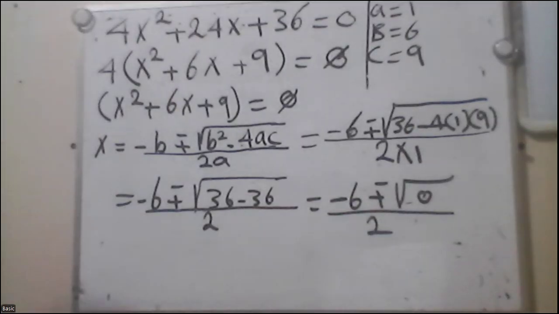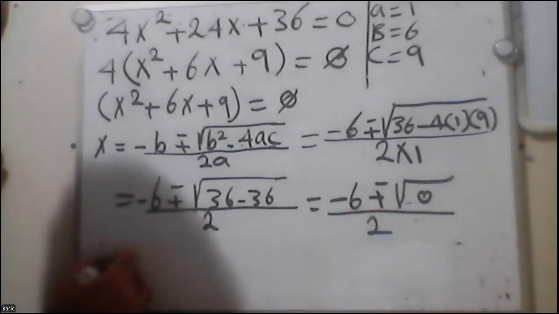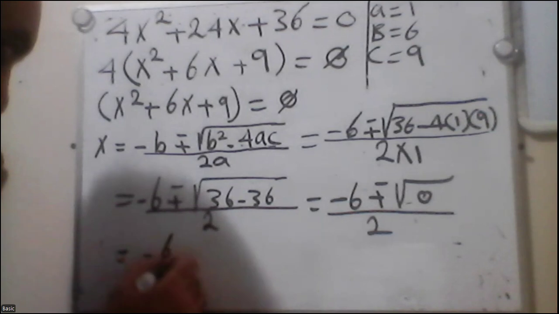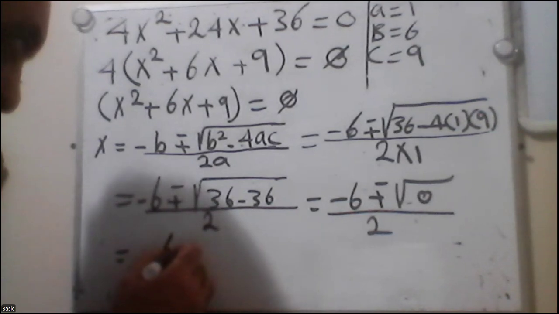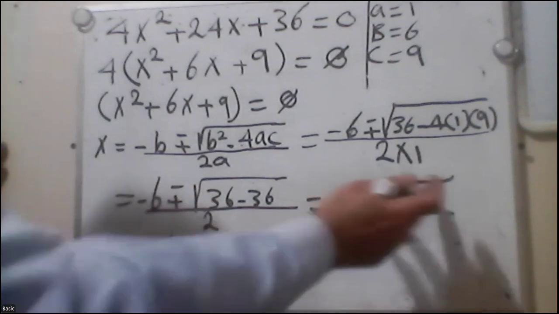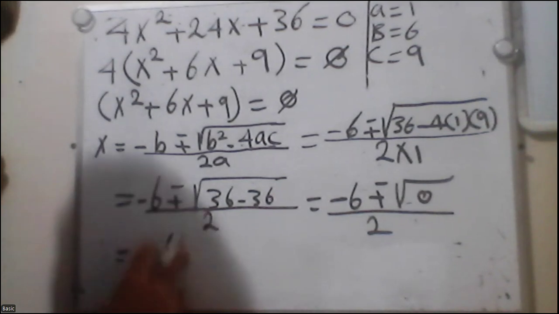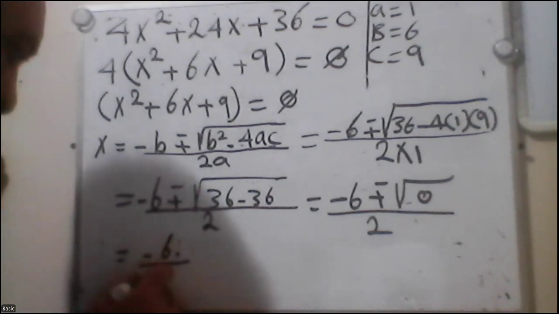So that will equal minus 6 plus or minus 0, which means nothing here, because I will not add or subtract anything. Minus 6 divided by 2.